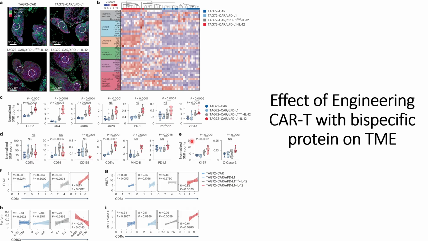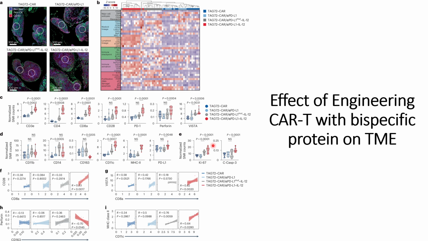I'm not able to recall what CD11b is a marker for, and the same for CD14. You can refer to the gist or the reference paper for more details. Let us continue our discussion about Ki-67, which is the proliferation marker.